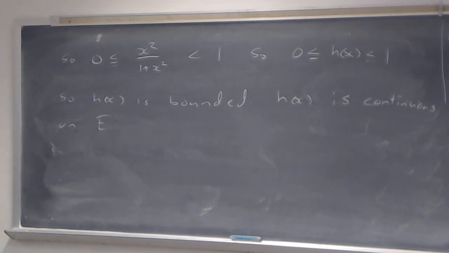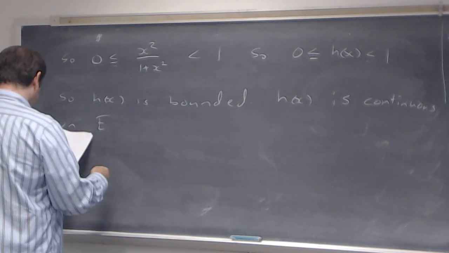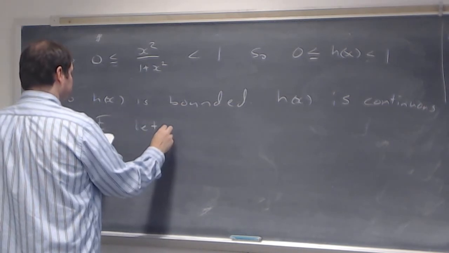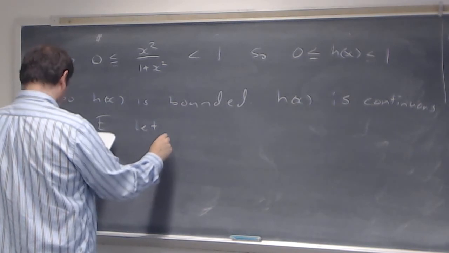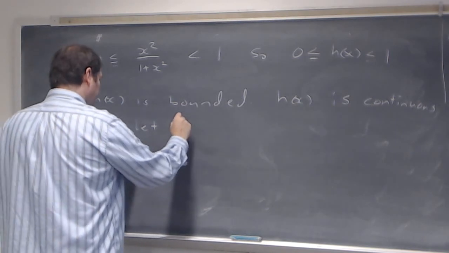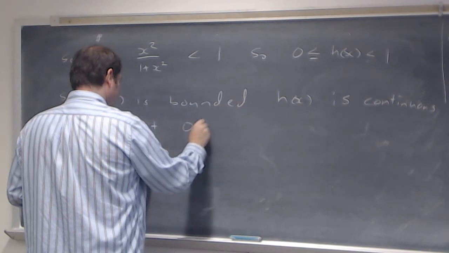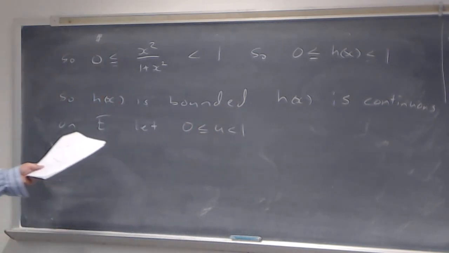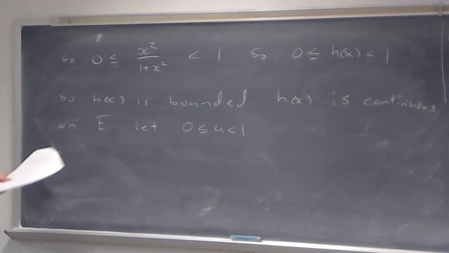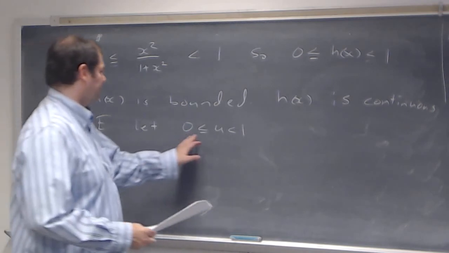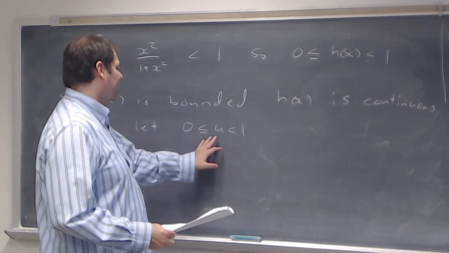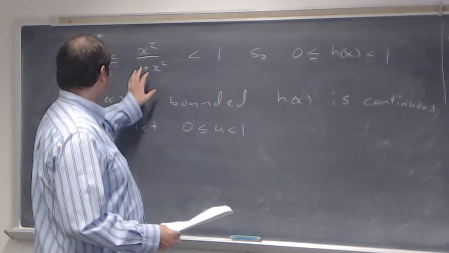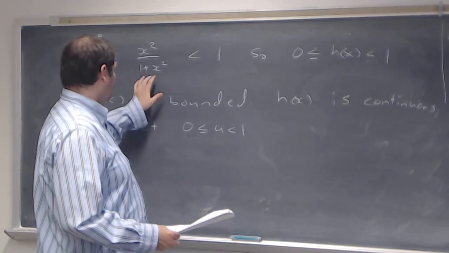All right, and then very similarly, if we let u be less than or equal to 1, but greater than 0. It doesn't matter. If u is less than 0, we know that it can't be an upper bound.